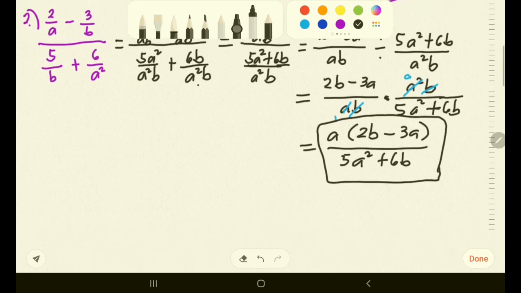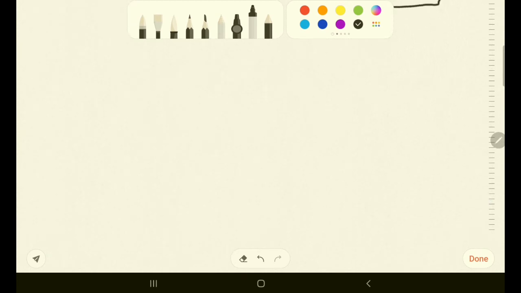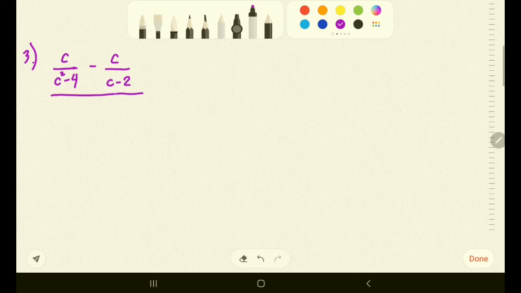Okay, now let's have the third example. So, as you can see here, for the numerator, c over c squared minus 4 minus c over c minus 2.